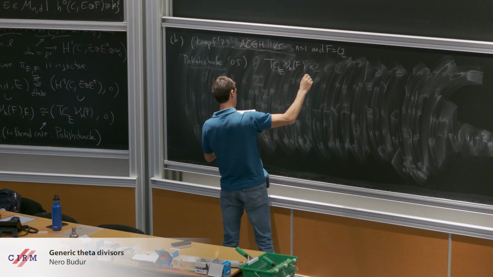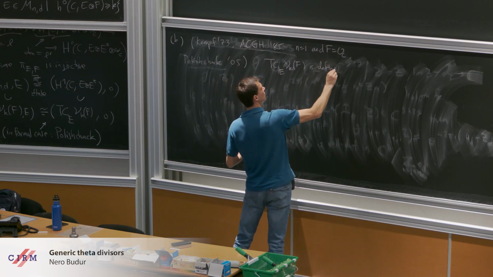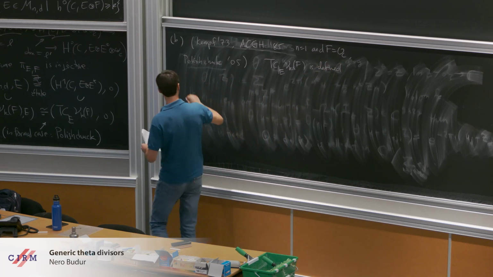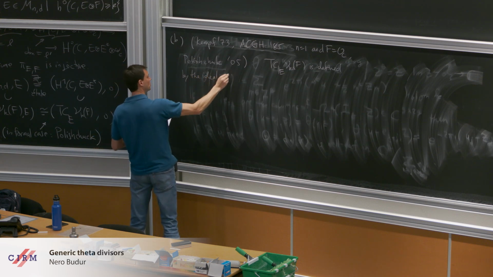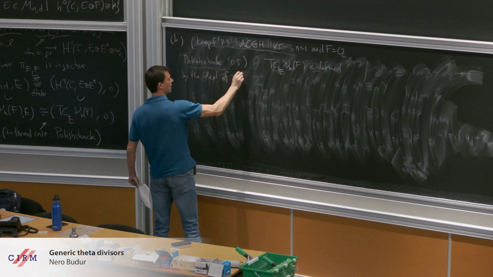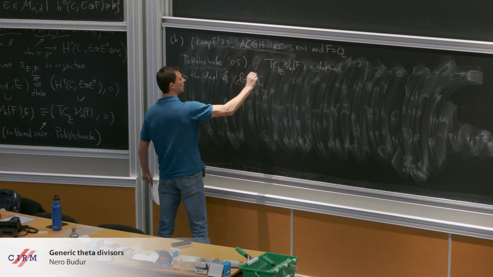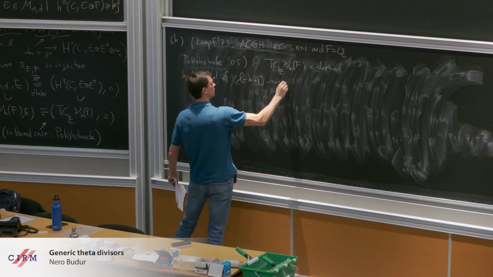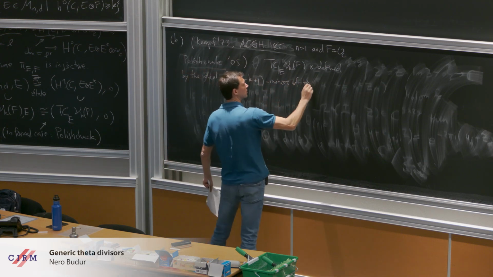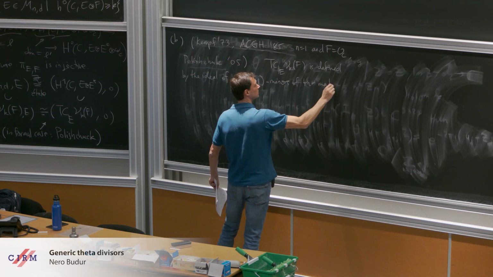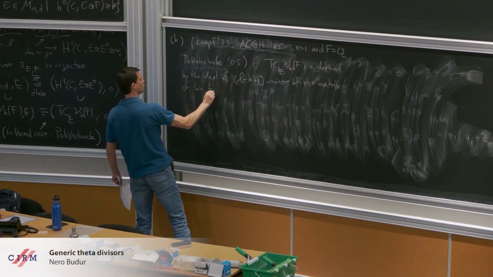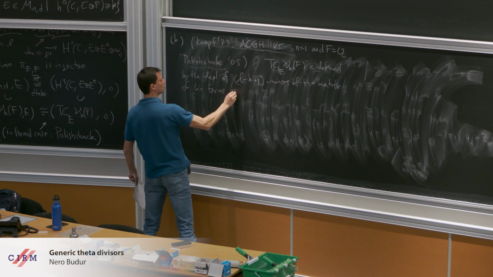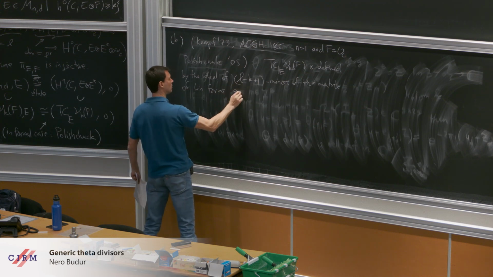So this is defined by the ideal of L minus k plus 1 minors of the matrix of linear forms associated, given by the Petri map.